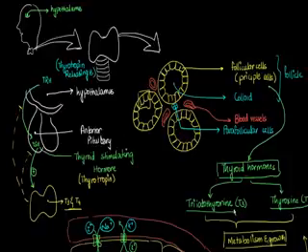Triiodothyronine is T3, that is, it contains 3 iodine, and thyroxine is T4. Now, inside these follicular cells, there is colloid, which is made up of thyroglobulin protein. In between the follicular cells, we have the parafollicular cells. These parafollicular cells are also called C cells, and they are responsible for the production of calcitonin.